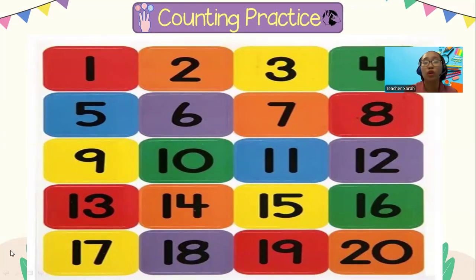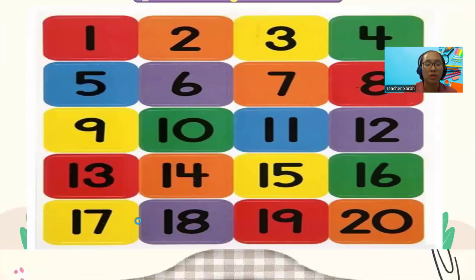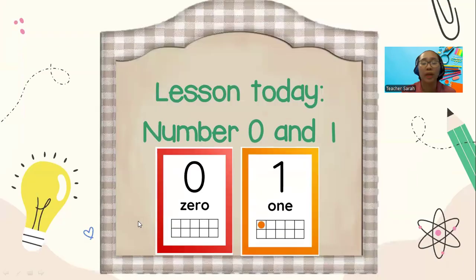So let's move on to the next part, and that is to also have our lesson. Let's start with knowing our numbers. In our numbers, we get to know first 0 and the number 1.